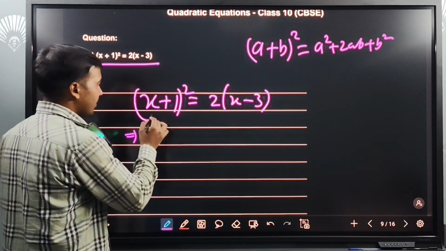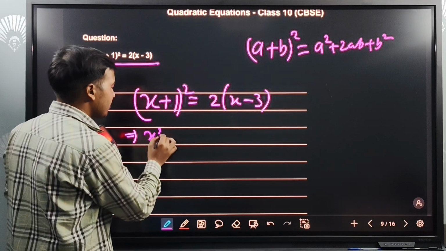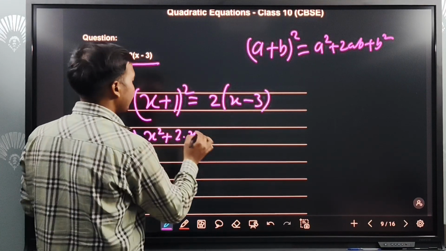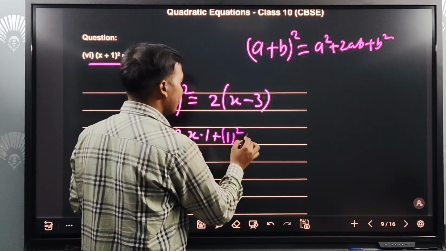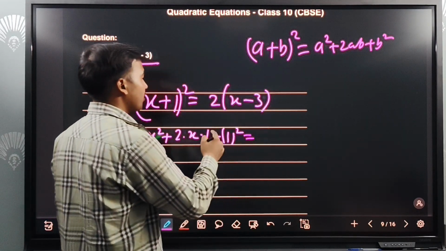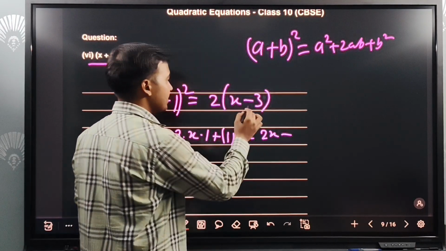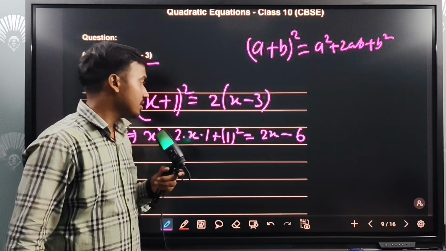When we use the formula, we will get x square plus 2ab, meaning 2 multiplied by x multiplied by 1, plus b square, meaning 1 raised to the power 2, is equal to 2 multiplied by x, you will get 2x, minus 2 multiplied by 3, you will get 6.